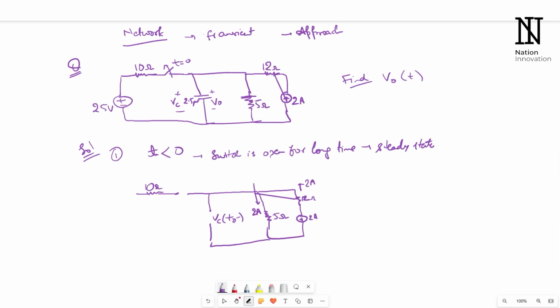And since this is open circuit, this 25 volt and 10 ohm resistance are separated. So if we calculate Vc at 0 minus, it will be equal to the voltage across the parallel 5 ohm, that is 5 into 2, that is 10 volt, right?